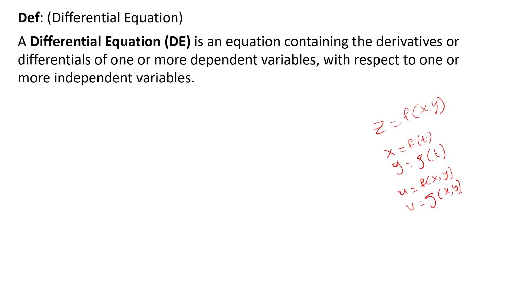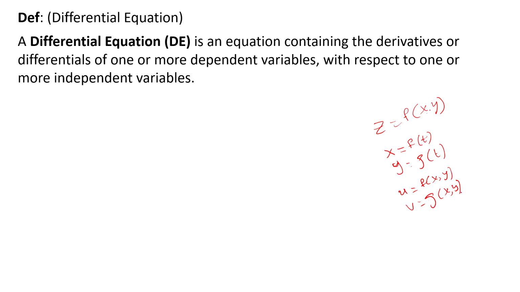There we go. Right? So all those possibilities exist. And now, what is this saying? It's an equation containing the derivatives or differentials of one or more dependent variables with respect to one or more independent variables.